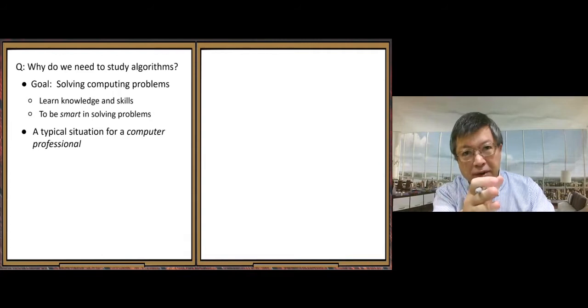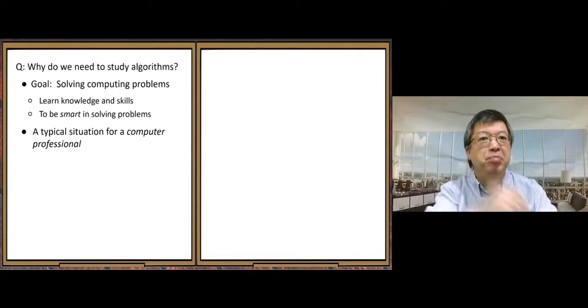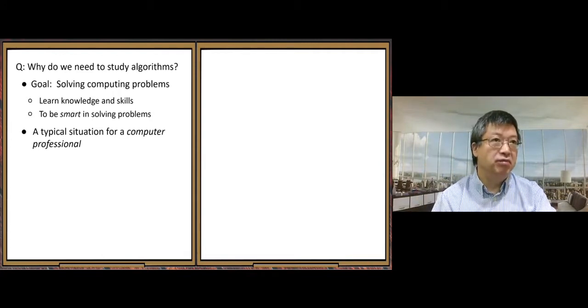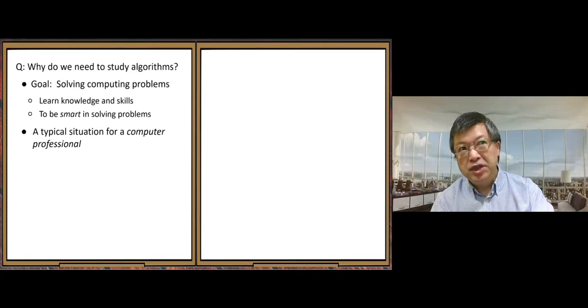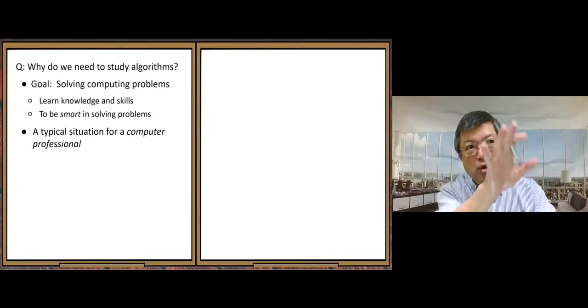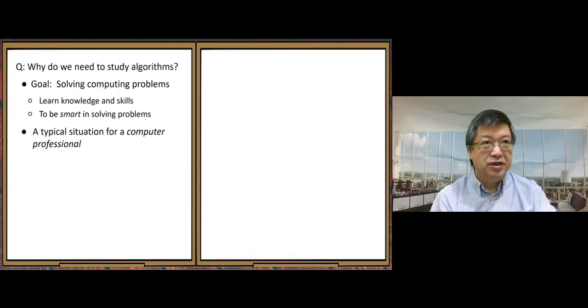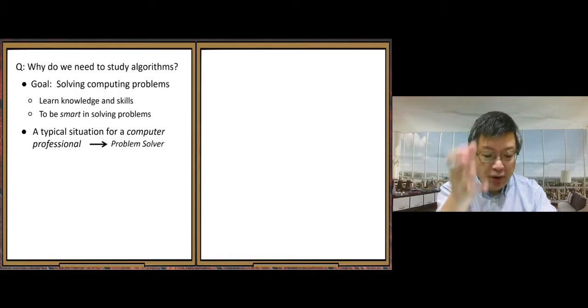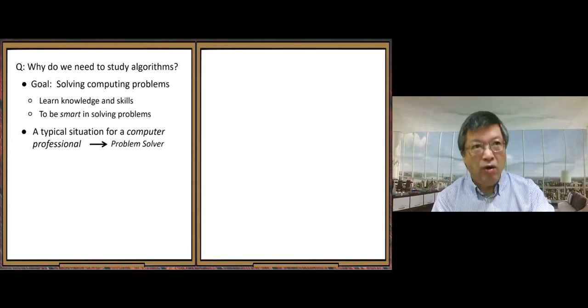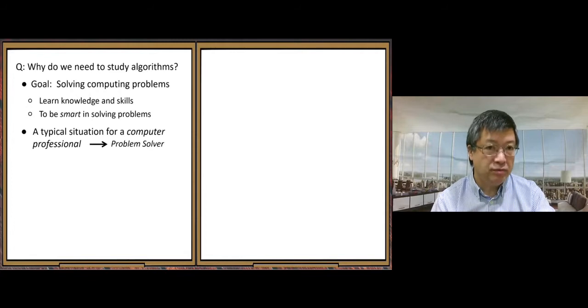Next, here is a typical situation for a computer professional. I can see most of you will be computer professionals, right? So then your role as a computer professional is problem solver. You need to solve many, many computing problems.